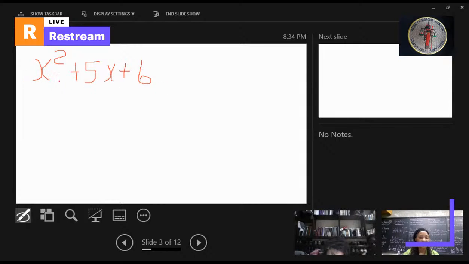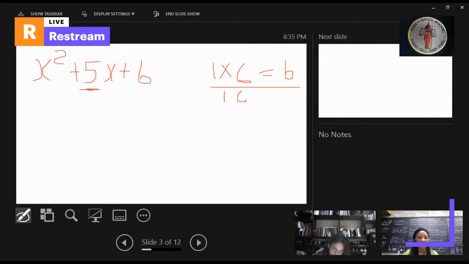So in this case, the coefficient of the x squared is 1. It's not there, but we know it's there, right? There's a 1. And the constant term is 6. So we're going to say 1 times 6, and that gives 6. Then we ask, what 2 factors of 6 add to give the middle term here, which is 5? So we can list the factors of 6.